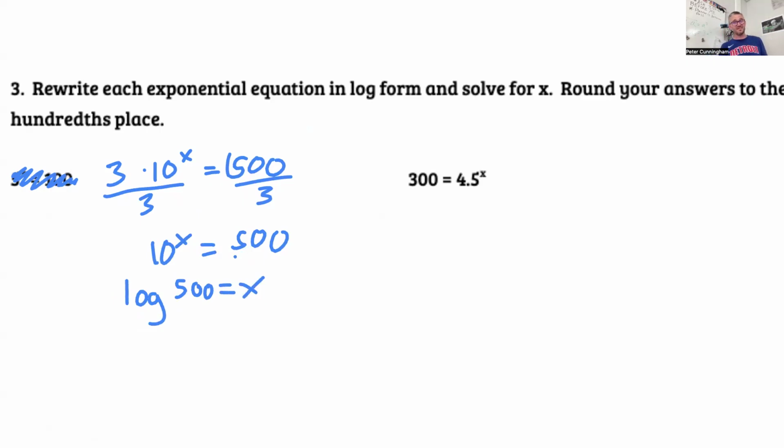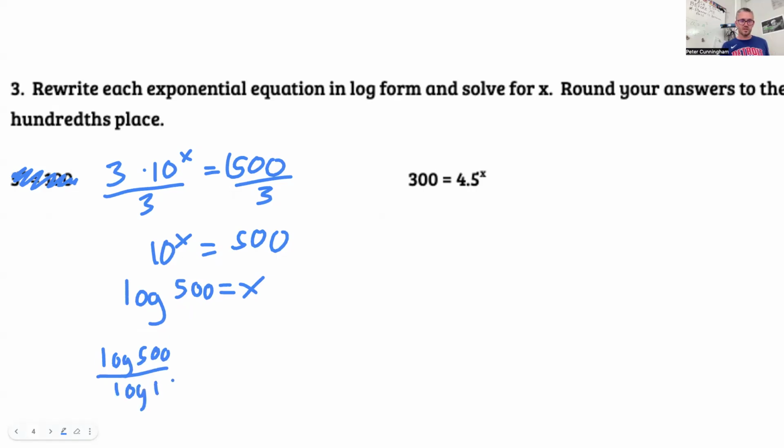Okay, and this is a nice one because you can just use your calculator to give you the logarithm of 500, because the calculator button for log assumes a base of 10. Now, if you're using your base 10 calculation, you can just do log 500 divided by log 10.